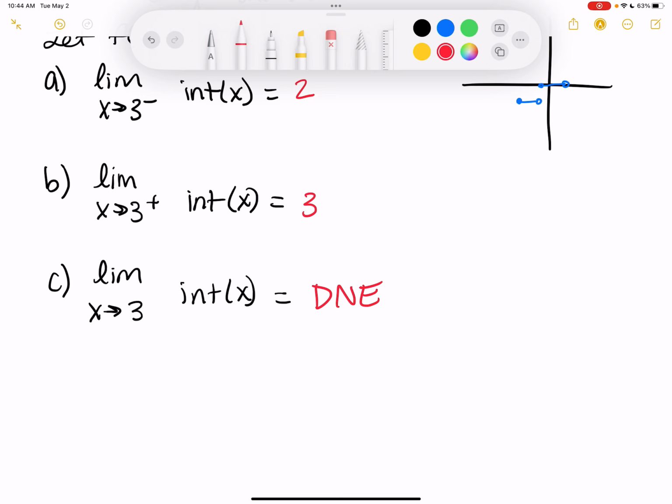Now, limits at infinity, we've done stuff with that before, so I'm not going to do anything with that at the moment. That's just what happens as x gets really, really big or really, really small.